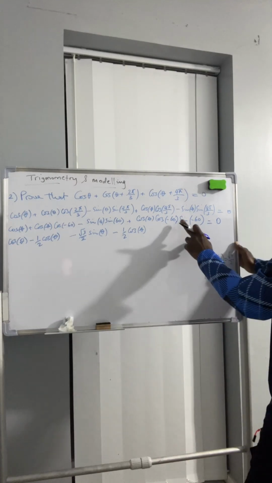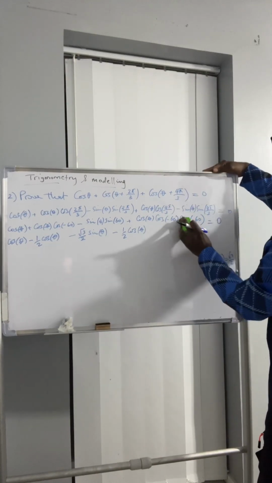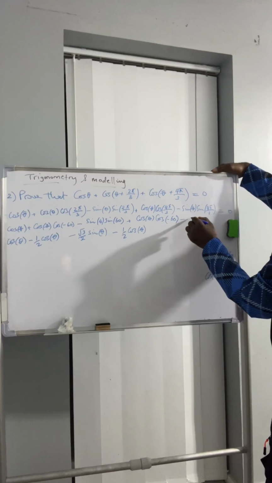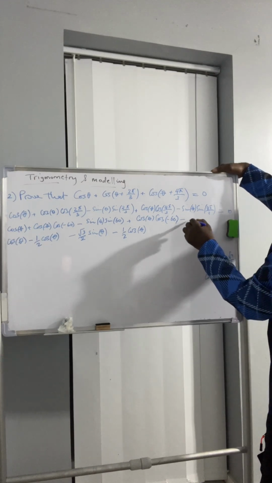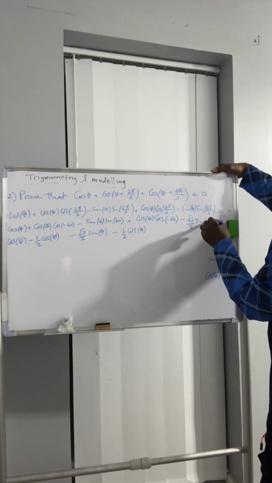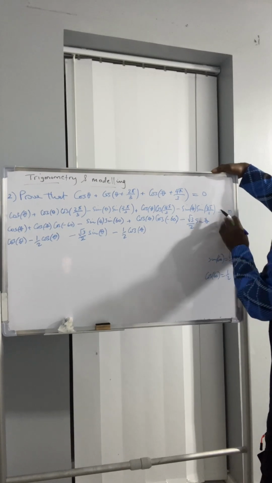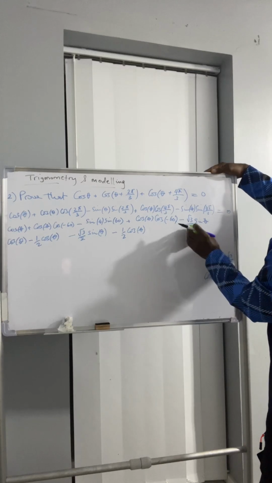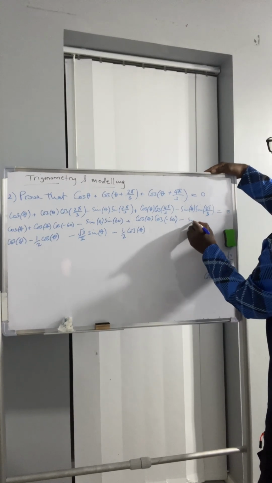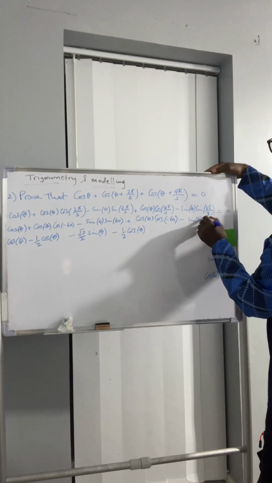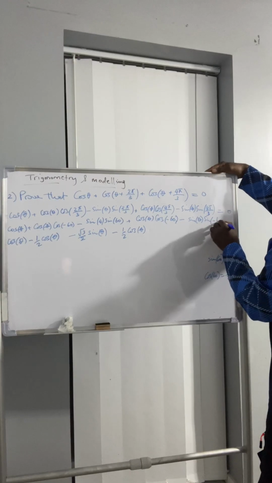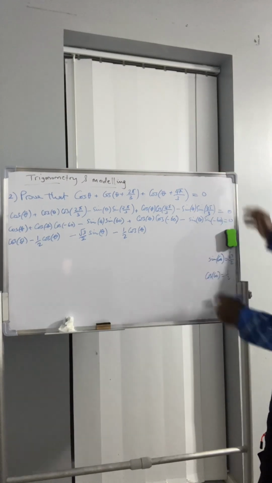I made a mistake here. This is minus sine 60, root 3 all over 2 sine theta, equals 0.